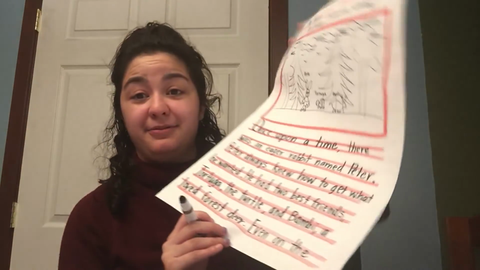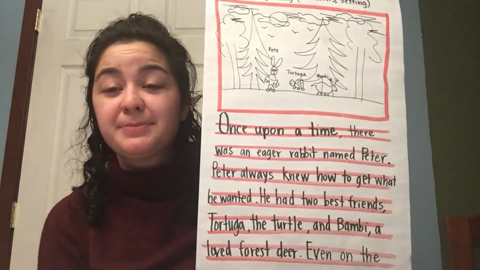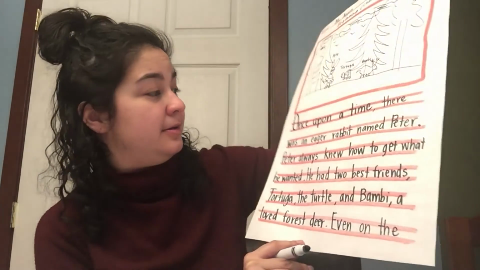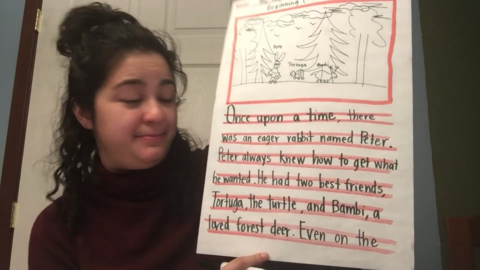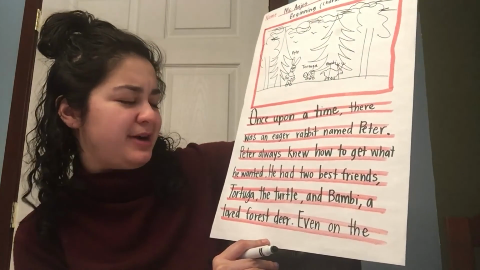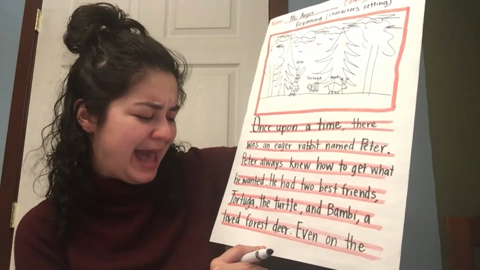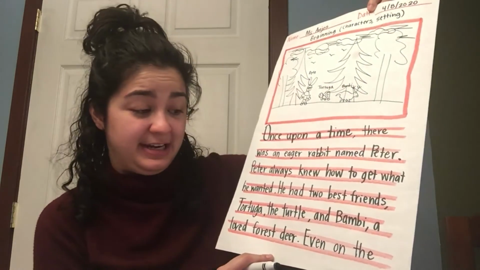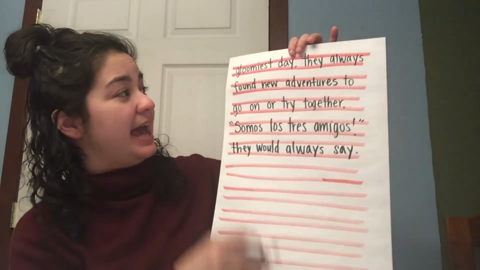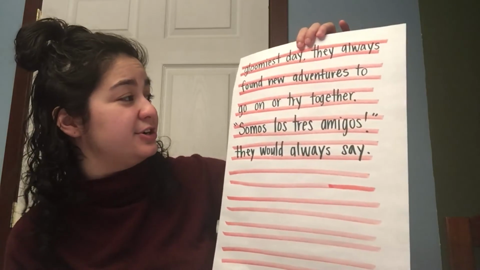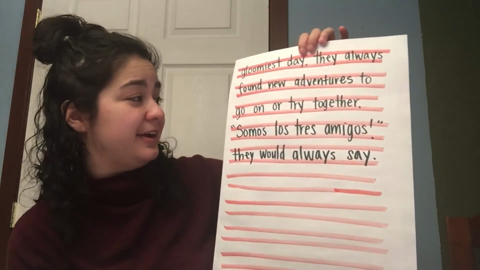Okay, so I'm going to show you my beginning and I'm going to read it to you. Once upon a time, there was an eager rabbit named Peter. Peter always knew how to get what he wanted. He had two best friends, Tortuga the turtle and Bambi, a loved forest deer. Even on the gloomiest day, they always found new adventures to go on or try together.